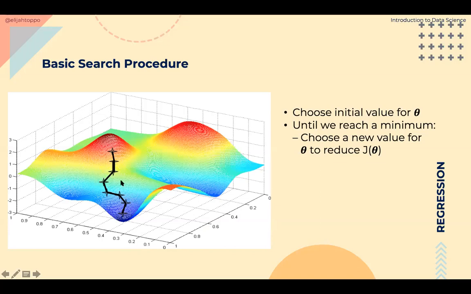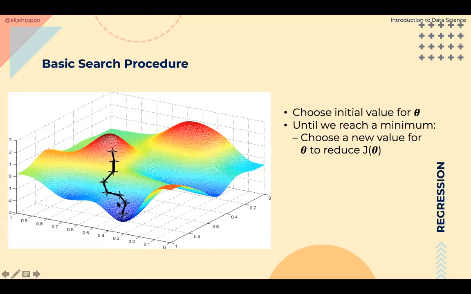So here what we're doing is we're starting out with some random example of theta, and we're trying to move to a new value of theta such that our cost goes on reducing.